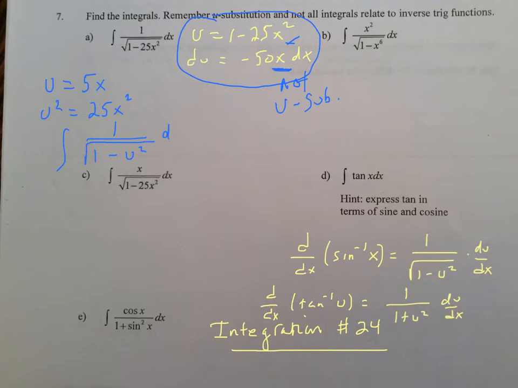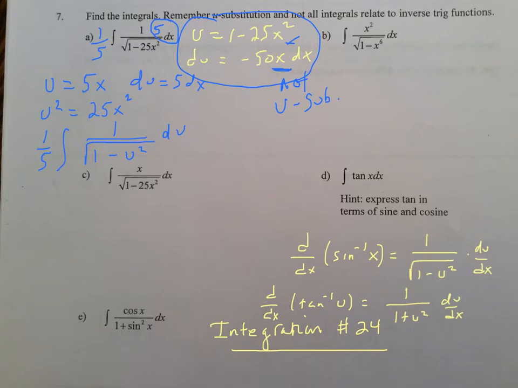and du would have to be 5 dx, so I'd need to put in a 5 so I could substitute directly for du, and if I put in a constant I have to take out its reciprocal, so I have 1/5, and now that is in the perfect form for a sine inverse.